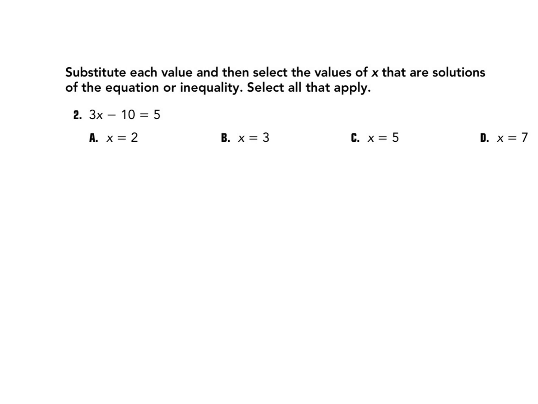There are other problems here in your book that we can look at. I'm just going to quickly go through these, so if you want to pause it before I work it out, might be a good idea. Here, we're just substituting numbers in and seeing what works.